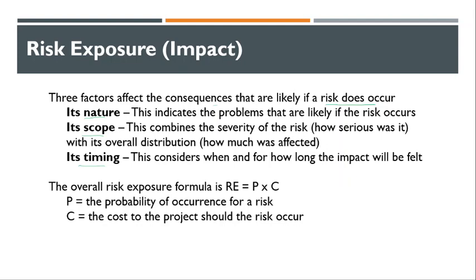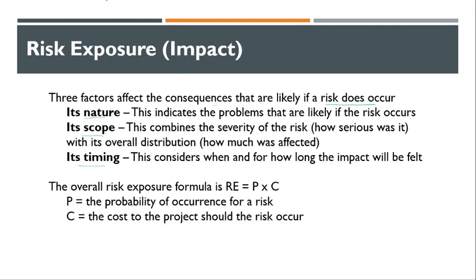Remember once again, you identified it, recorded everything, and assessed all the risks, and now you think the risk has occurred. Then there will surely be consequences of that risk, which may affect the nature, the scope, and the timing.